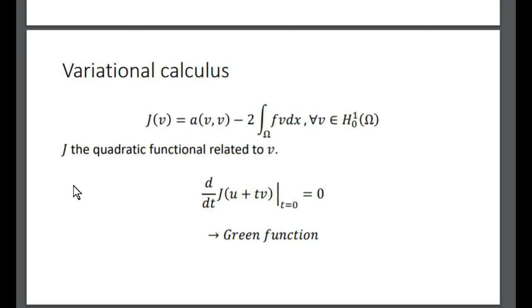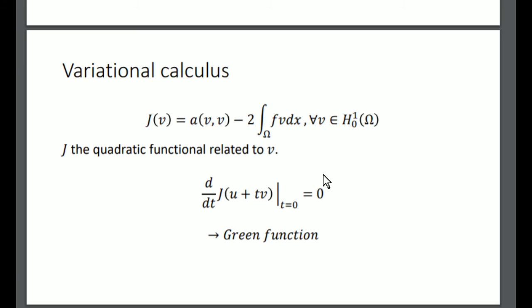J will be called the quadratic functional related to v, and in particular, if you differentiate it, applying u plus tv at 0, it will be equal to 0. So once again, you find a variational problem, a problem of gradient descent. So you descend from this to find a 0, so a minimum.